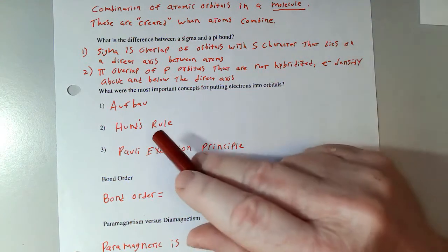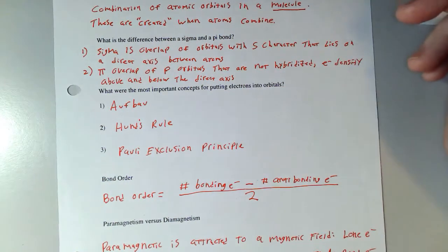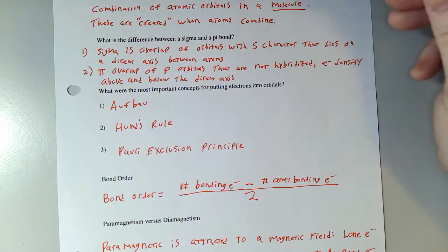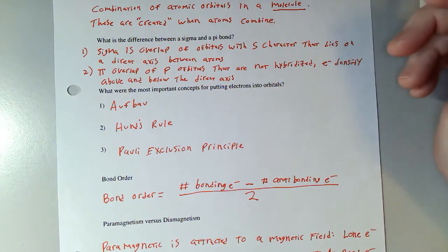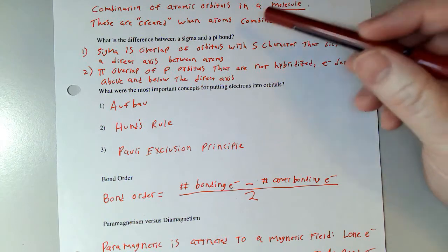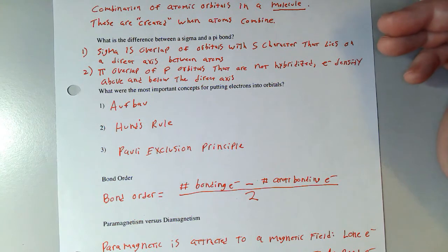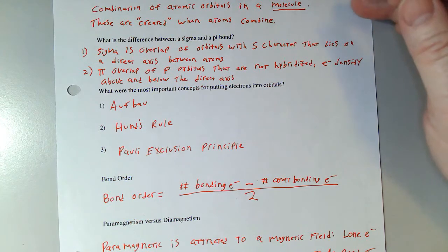Hund's rule: electrons will singly occupy degenerate orbitals. I'm not sure I've ever used the word degenerate when talking about orbitals. It means orbitals of the same energy level. And the Pauli exclusion principle: no two electrons can have the same set of four quantum numbers, or more easily understood, if you have one that's spin up, then the next one's going to have to be spin down.